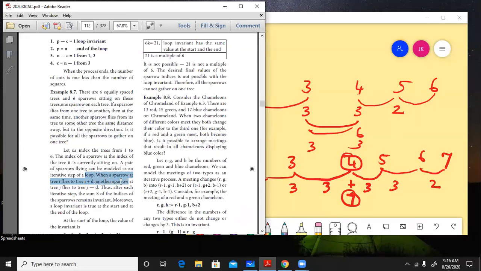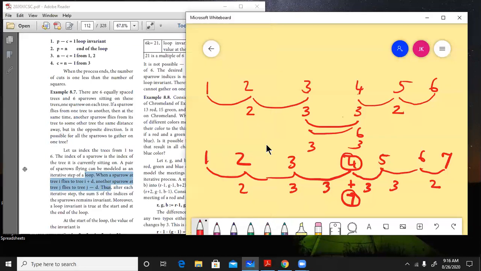When a sparrow comes from the opposite direction, the distance is decreased by d. I explained the distance with the number of sparrows, but in your textbook, they have explained with the help of distance. See, when this is traveling from this place to this place, it is 1 unit, so my distance increases by 1. Whereas when it comes from right to left, my distance decreases by 1.